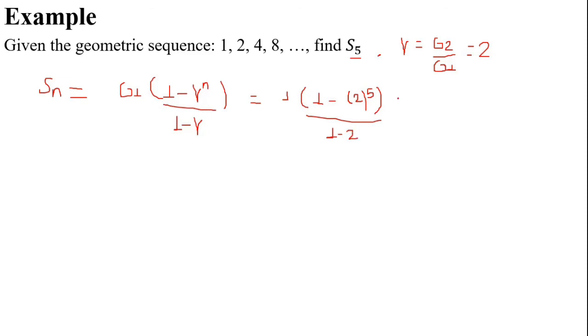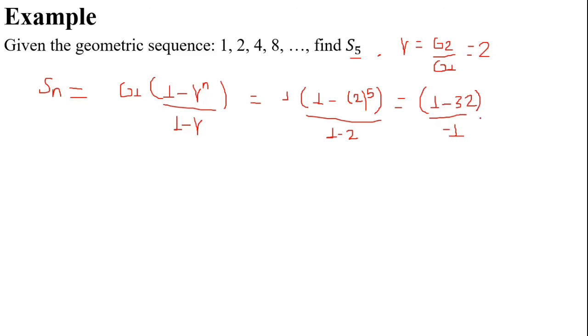This can be further simplified. 1 times a number is that number, so 1 minus 2 to the power 5, that is 32, over 1 minus 2, which is minus 1.